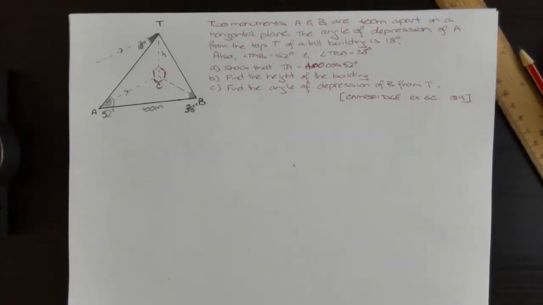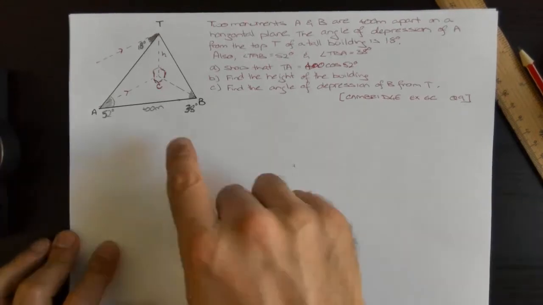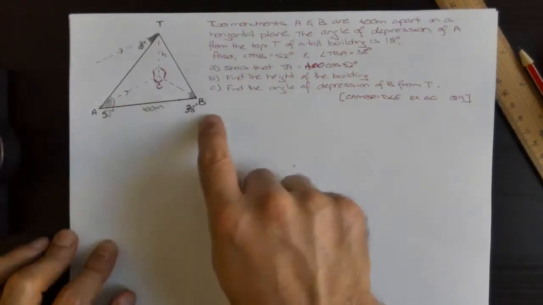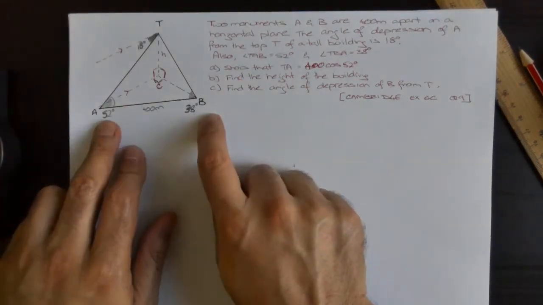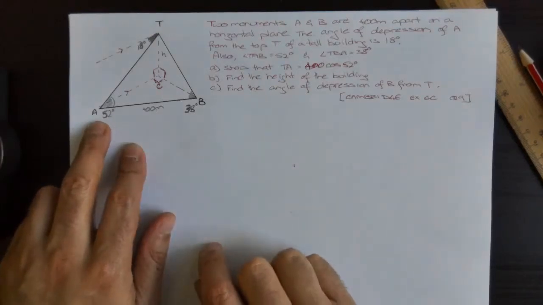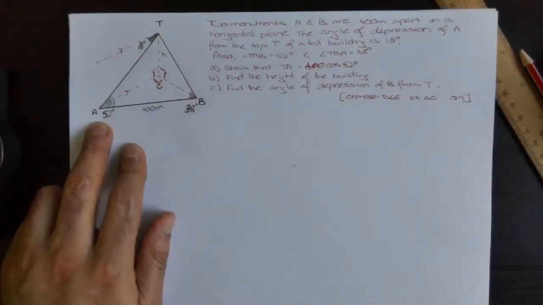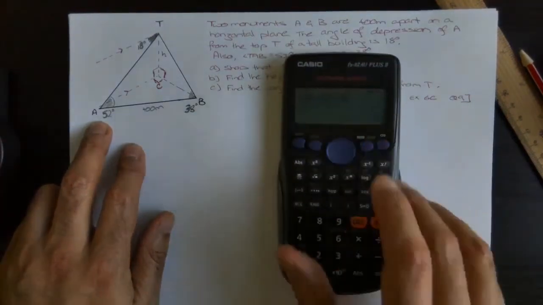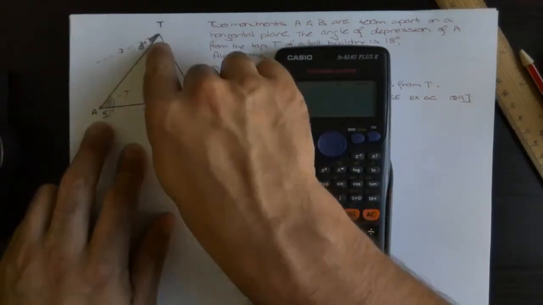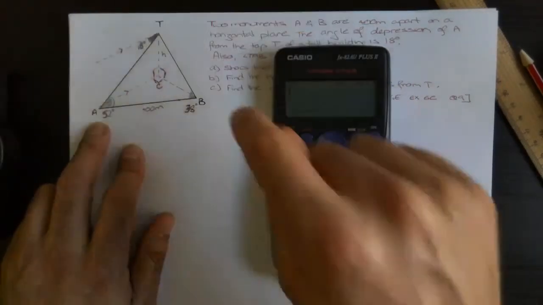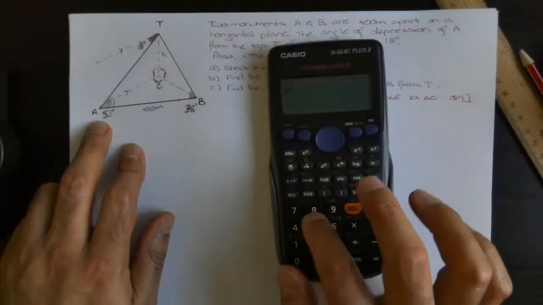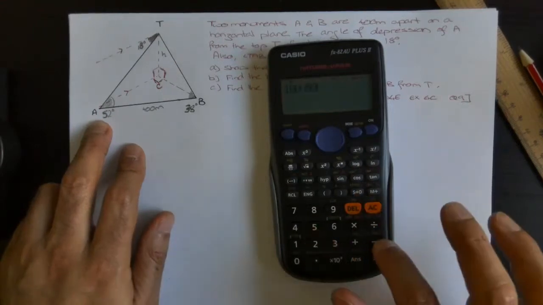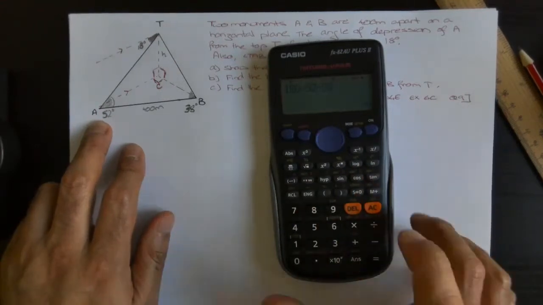Okay, so looking just at triangle TAB, I know that this is 52 degrees and this is 38 degrees. So I'm just going to put into my calculator to figure out what angle ATB is going to be. So 180 minus 52 minus 38 gives me 90.